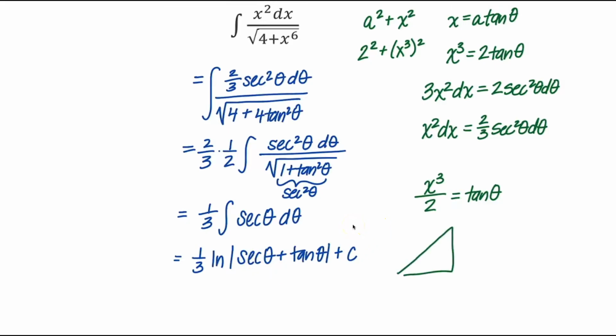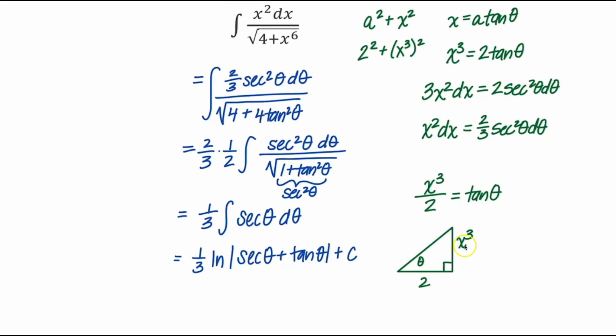So we have our triangle here, our angle theta. Tangent is opposite x cubed over adjacent 2. And so this missing side length here, we want to be able to identify what this is a little bit quicker. So it's going to be each of these sides squared, added together, and underneath a square root.